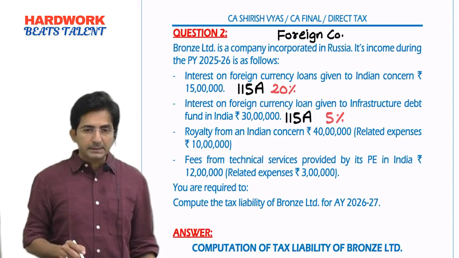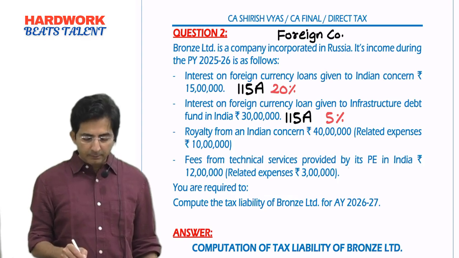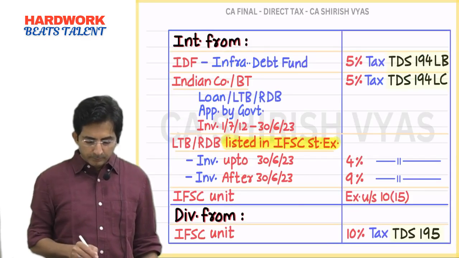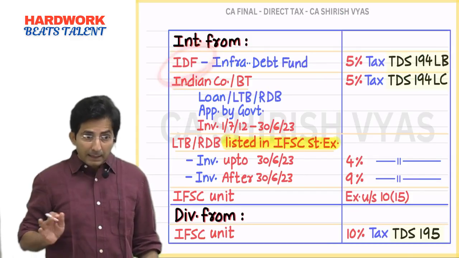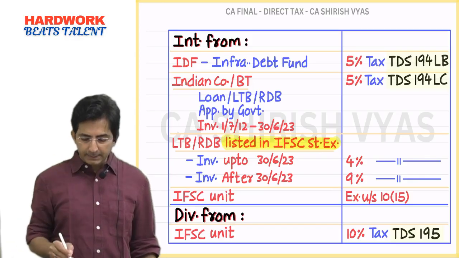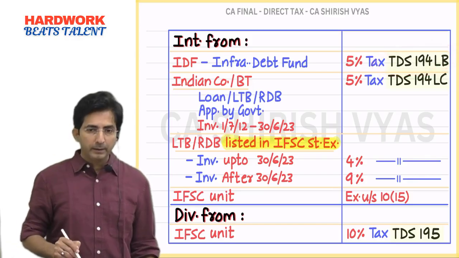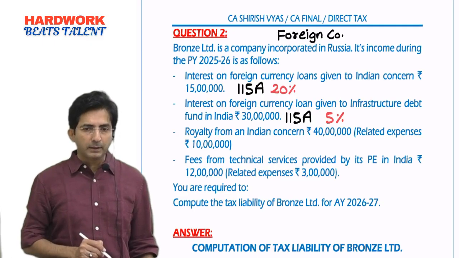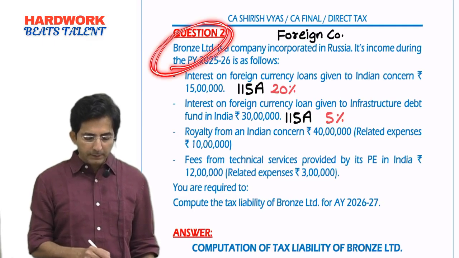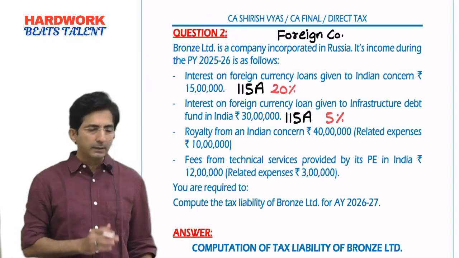See, TDS is deducted. Look, if interest is earned from IDF, the payer will deduct TDS under 194LB. And tell me, here are we the payer or the receiver of income? See, Bronze Limited is a company which is earning the income. We are the receiver.